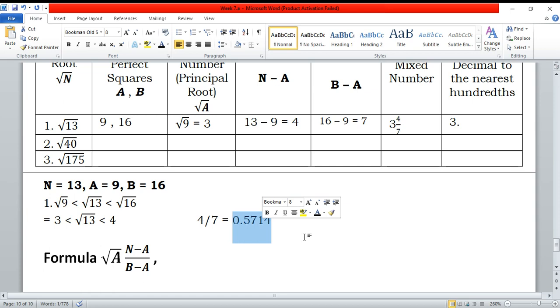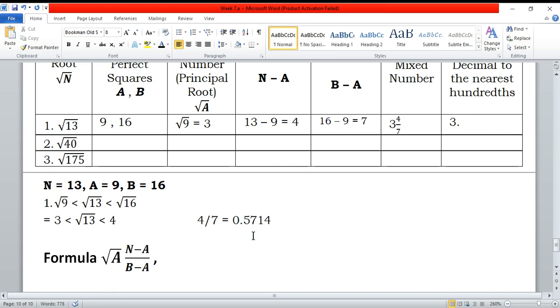Okay? Pero hindi siya non-terminating. Repeating decimal lang siya, 4/7. Kaya titignan natin. So, 0.57 hanggang dito sa thousandths. Then, we decide kung anong gagawin natin. Rounding up or round it down. So, since yung nasa kanan ng 7 ay 1, so gagawin natin 7 pa rin.